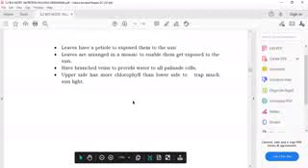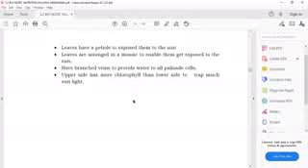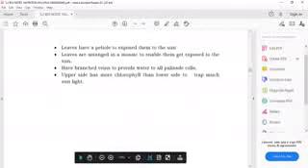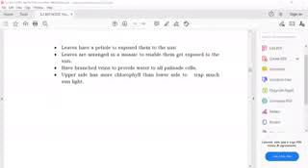Then the arrangement of the leaves. The leaves are arranged in a mosaic to enable them get exposed to sunlight. I don't know whether you understand what we call mosaic leaf arrangement.